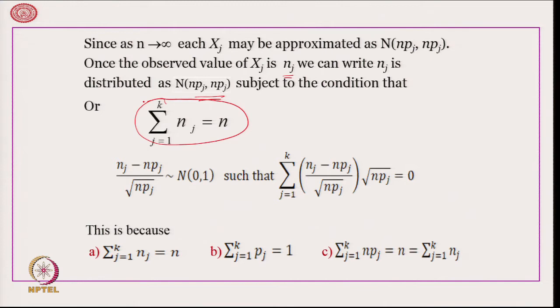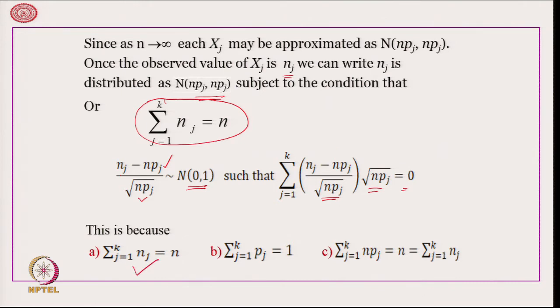Therefore, (nj minus npj) upon root npj, where nj is the observed value and npj is the expected value, is going to give a normal 0, 1 distribution, subject to the condition that sigma of (nj minus npj) upon root npj, multiplied by root npj, is equal to 0. This is obvious because if we cancel it, then the numerator will give me 0. Why is it happening?